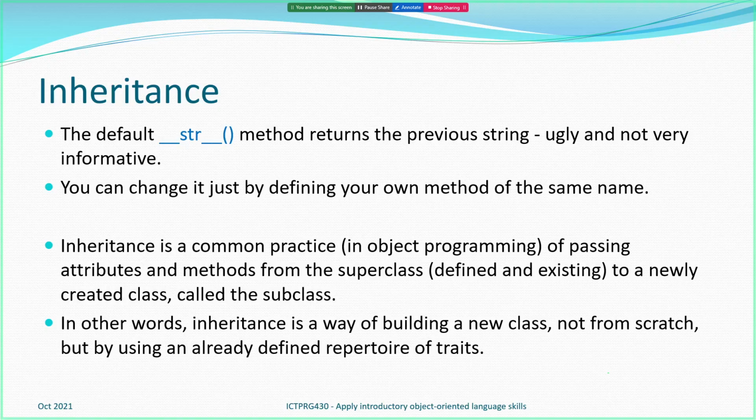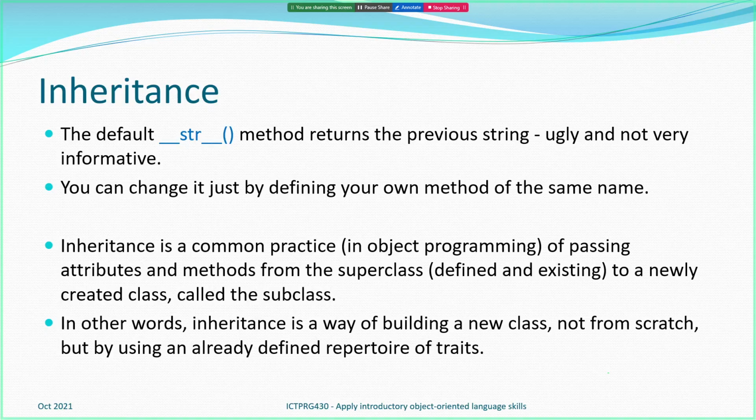So when we inherit properties from a superclass or a class into objects or other classes, we are passing on all the variables that exist in the parent.